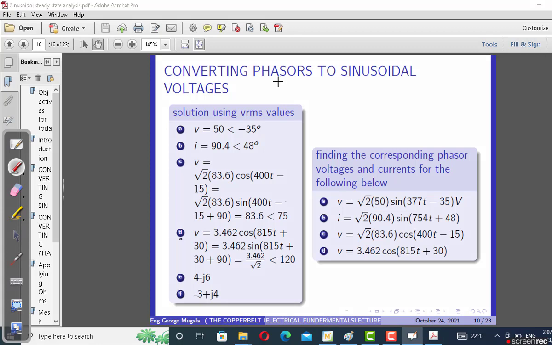Now we're converting the phasors, we're converting them back to the sinusoidal voltage. So for example, if we have a voltage that looks like this, how do we take it back to the sine and things like that, right? And if we have that, how do we take it back to the sine and things like that? Okay, so here's the point.